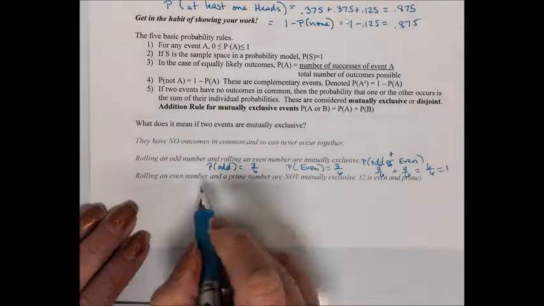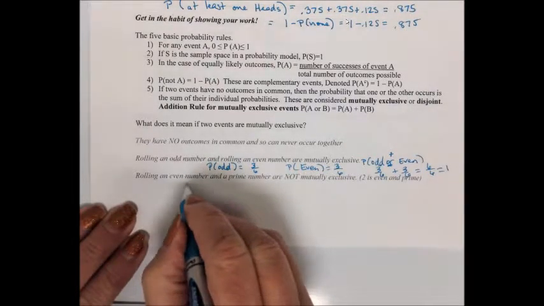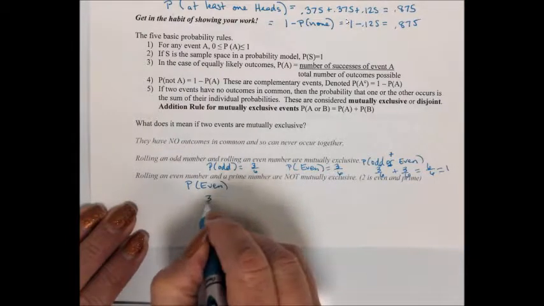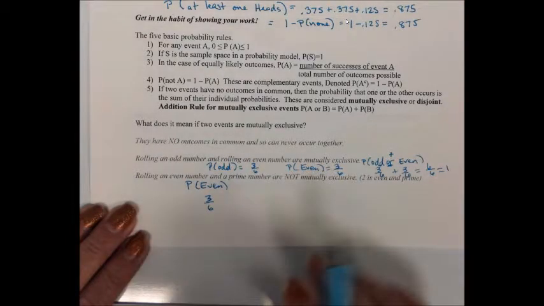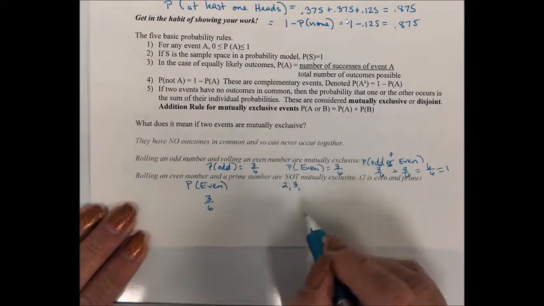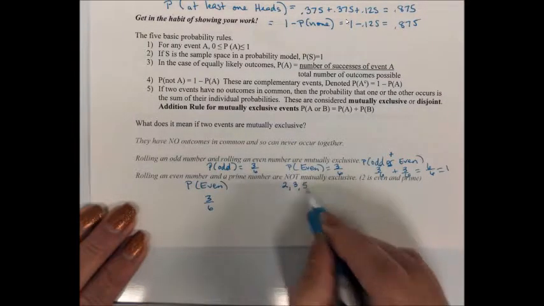But if I say rolling an even number, that's, again, 3 out of 6. And then the prime numbers on the die are 2, 3, and 5.